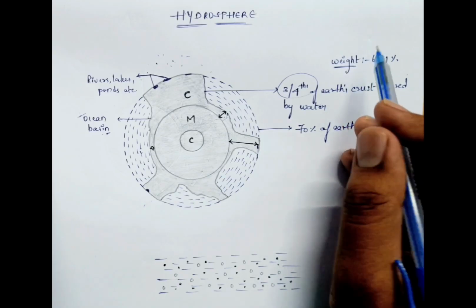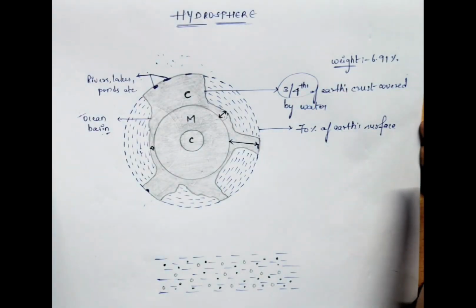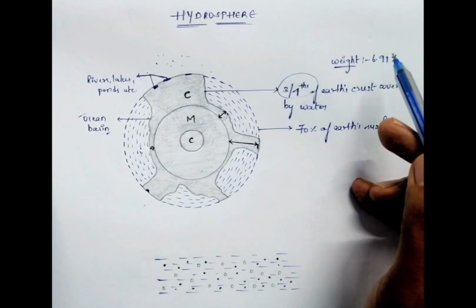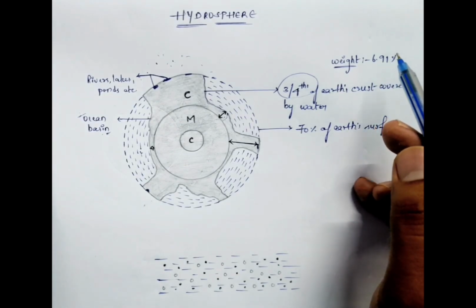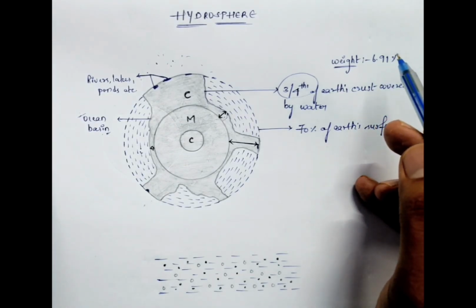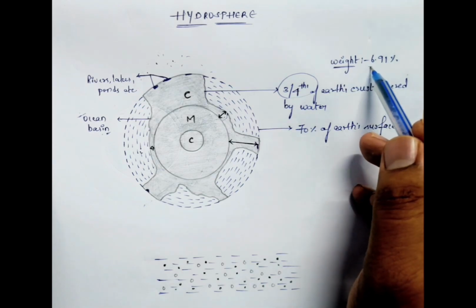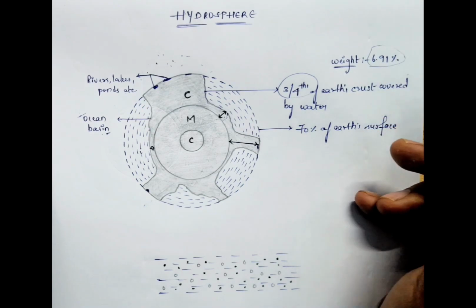Atmosphere contributes 0.03% of Earth's weight. Water is heavier than air, so that is a general thing. So hydrosphere contributes 6.91% of Earth's weight, friends.